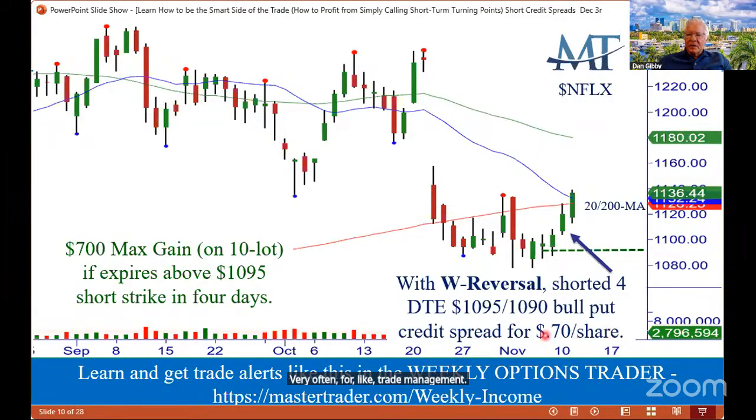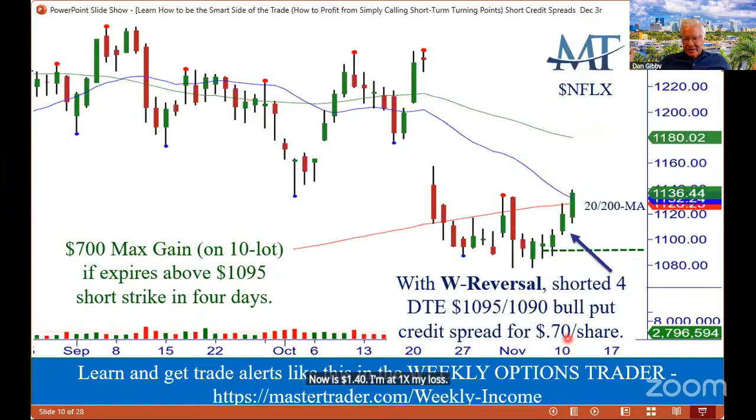Very often for trade management, we took in 70 cents a share, right? So very often I'll put the stop loss under support based on the price. But I say, if the debit to close this becomes 1x of this, what that means is if what I took in, 70 cents, is now $1.40, I'm at 1x my loss.